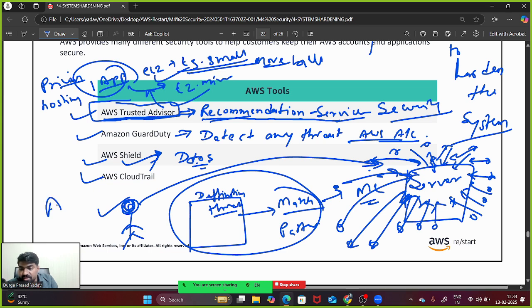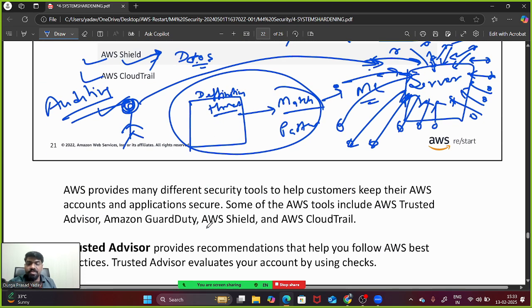CloudTrail, basically we use for auditing purposes. For example, let's say here there are 5 users: user 1, user 2, user 3, user 4, user 5. And your root user is here.